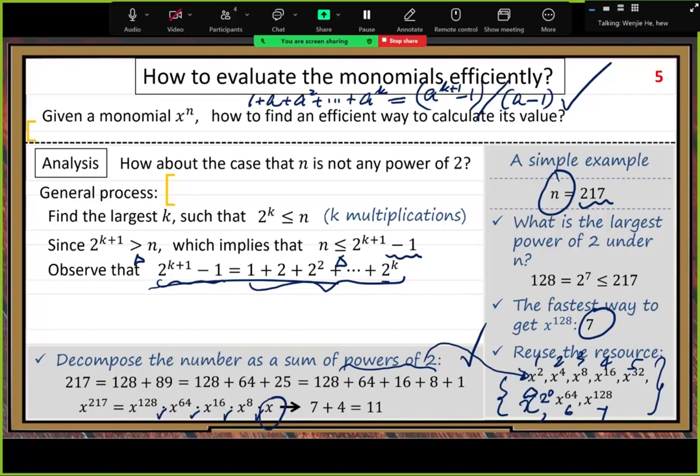That means in our preparation pool, we collect all the monomials with exponents that are powers of 2, up to less than or equal to the given number n. That pool is enough to represent any positive integer less than or equal to n.